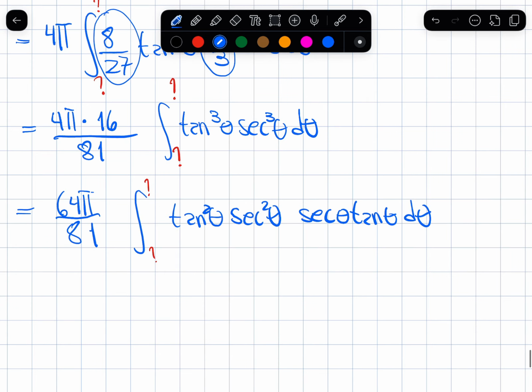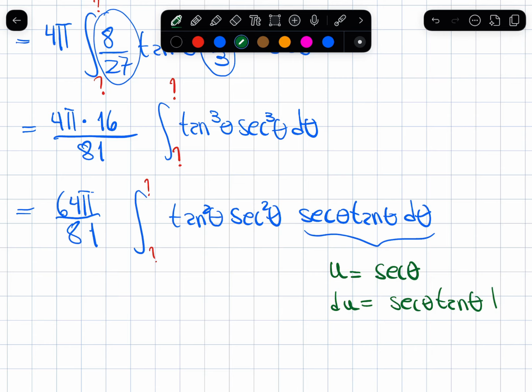So I can make a u substitution here, because this is the derivative of secant. If I say that u is secant theta, then du is going to be secant tangent d theta. So this is exactly going to be my du. This is u squared.